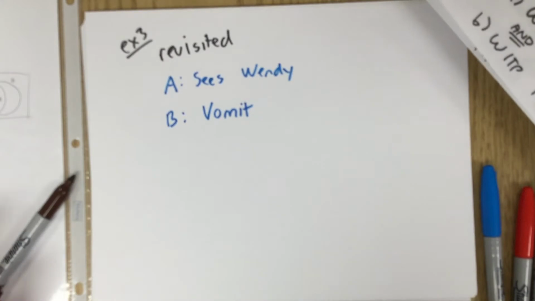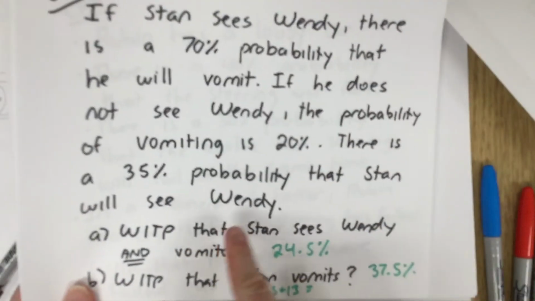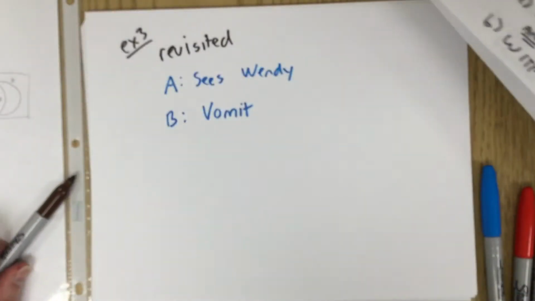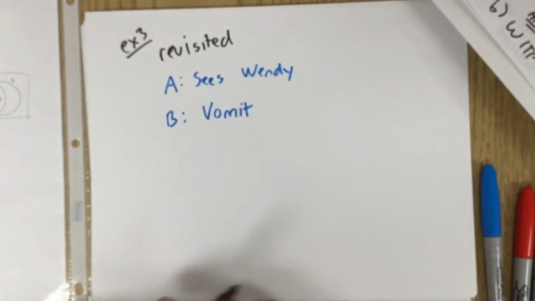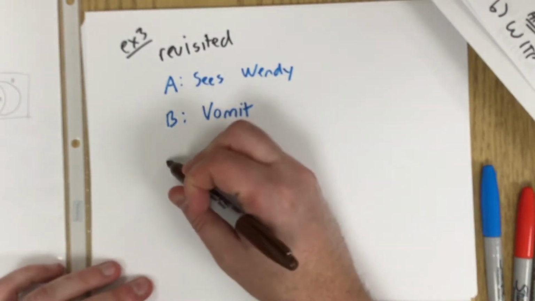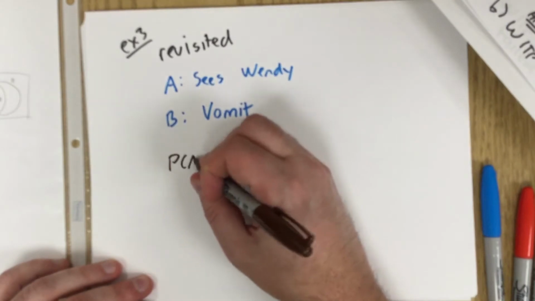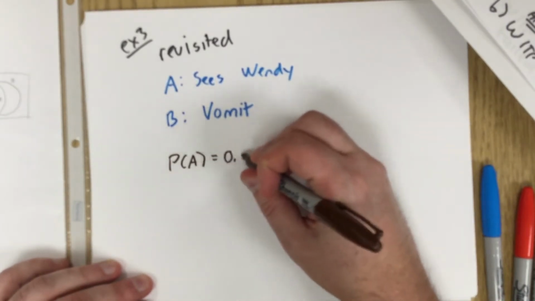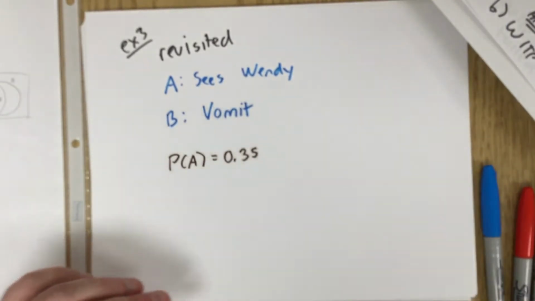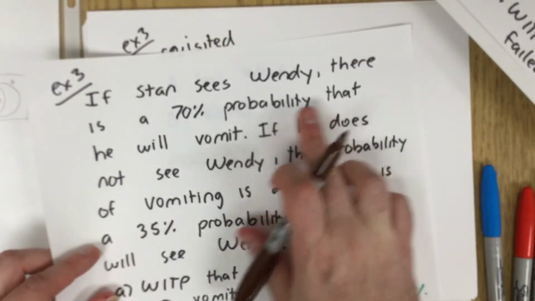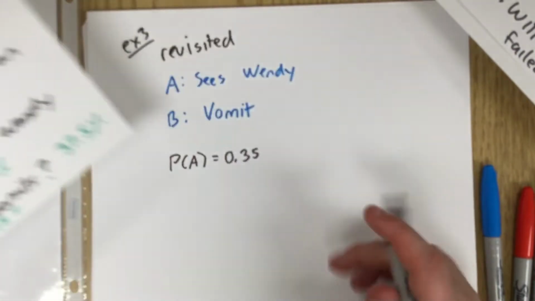So let's go through some of the numbers here. A 35% probability that Stan will see Wendy. So the symbol for that would be the probability of seeing Wendy is 35%. If he sees Wendy, there's a 70% probability he will vomit.